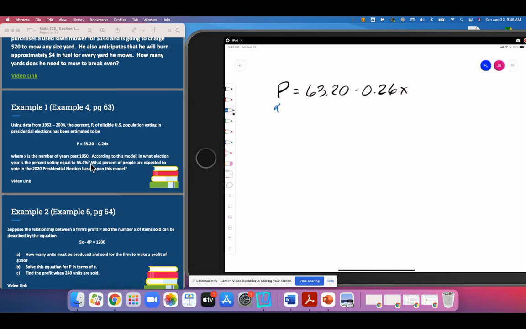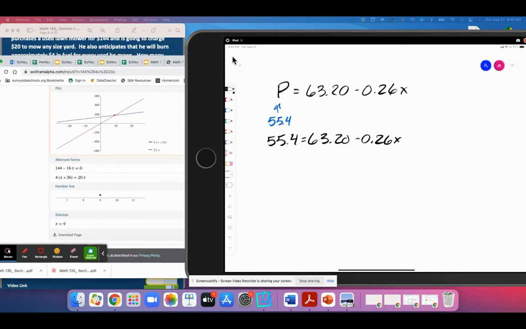So we are going to replace P with 55.4, and sling it into Wolfram and see what we get. So we've got 55.4 is equal to 63.20 minus 0.26x.